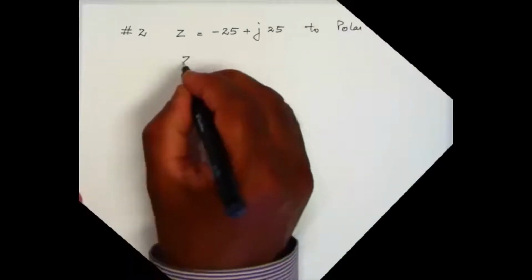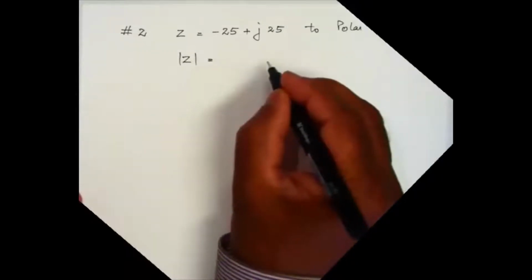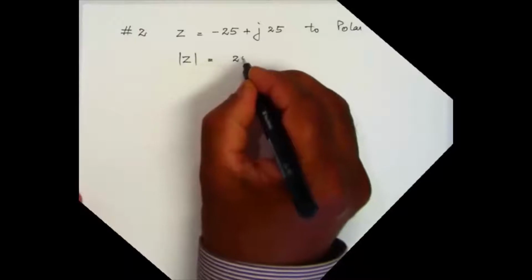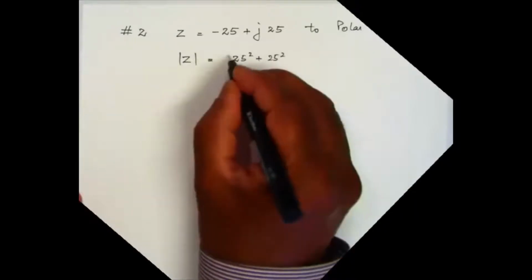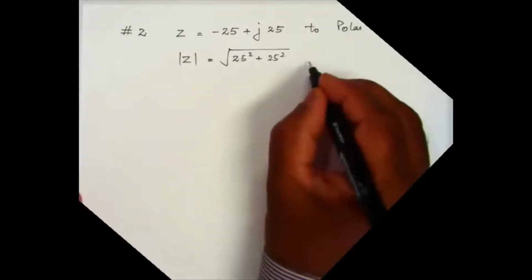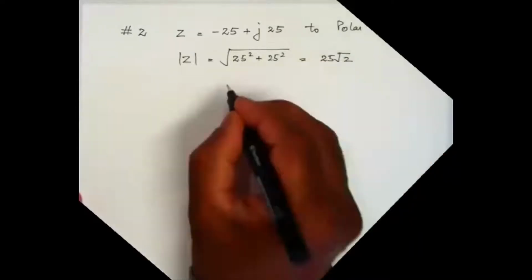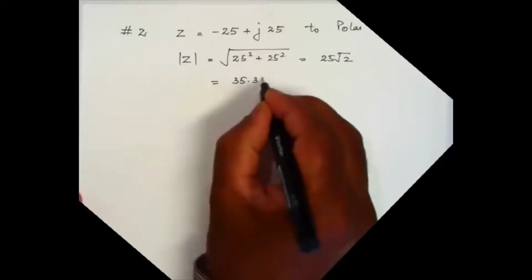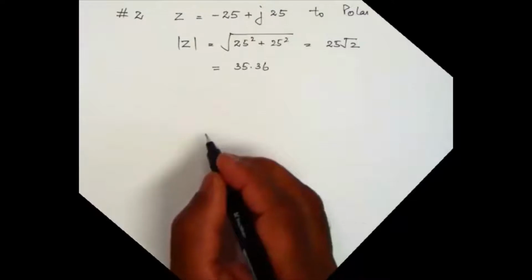Let's take the magnitude of this. The magnitude of this is again the square root of 25 squared plus 25 squared, which is 25 square root 2, which is 35.36.